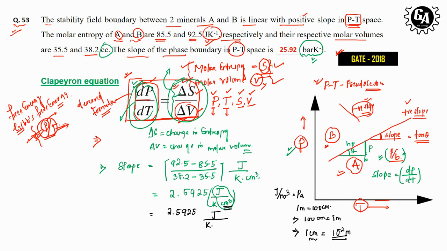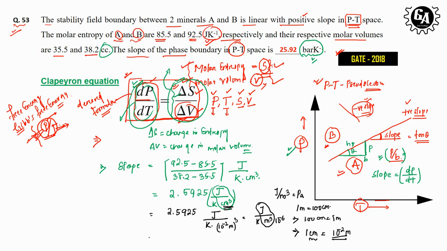Okay, in place of centimeter I will have 10 to the power minus 2 meter, and that centimeter cube is also there, no problem. So this is joule per Kelvin into meter cube into 10 to the minus 2 cross 3, which is 10 to the power minus 6. Okay, and I can replace this joule per meter cube by Pascal.